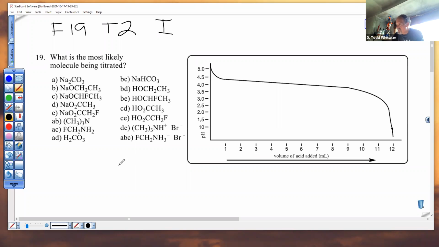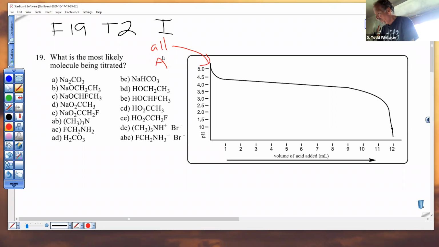If you're titrating the base form of a species, the pH starts high, and as you add an acid, the pH goes down. The buffer regions in here, the pH isn't changing very much at all.